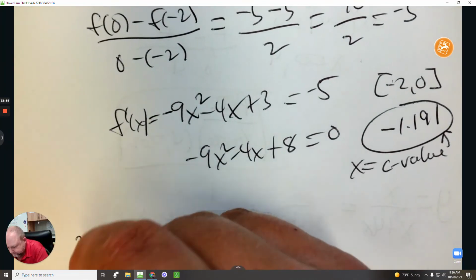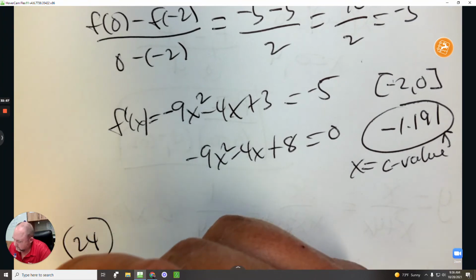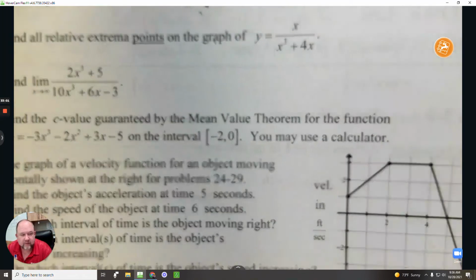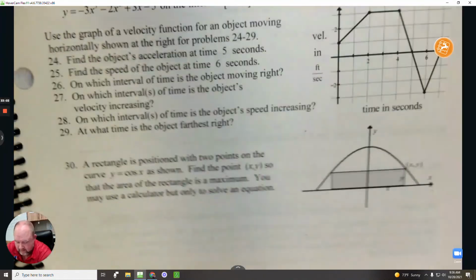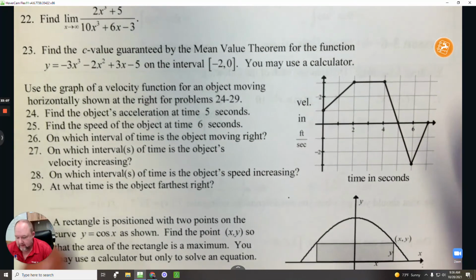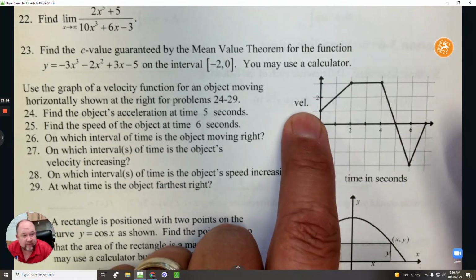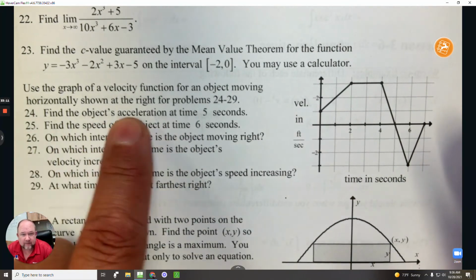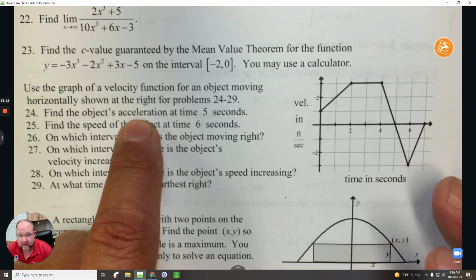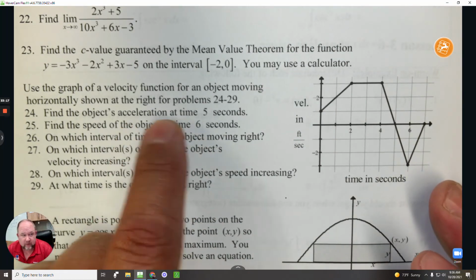24. You need to write this down, but I'm going to do it right in my book. In 25, you're given the velocity equation. Find the object's acceleration at 5. Acceleration is the derivative of velocity, so we're looking for slope.